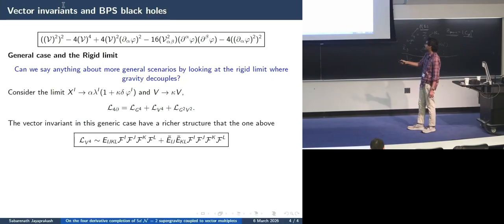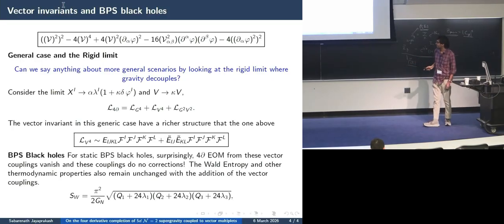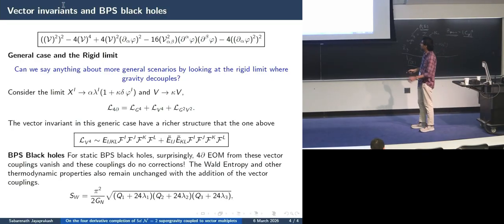This is a symmetric object, and this is a pairwise symmetric object, and this curly F is schematically some vector superfields. We can compute these objects explicitly for simple models like the STU model and the C112 model, and we conjecture that for the STU model we can construct 2 independent vector invariants, of this form.